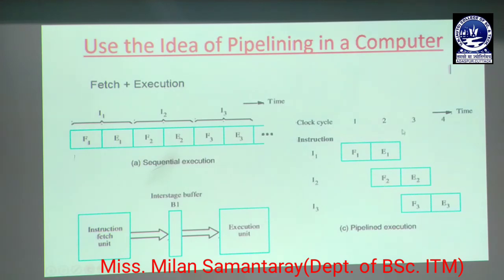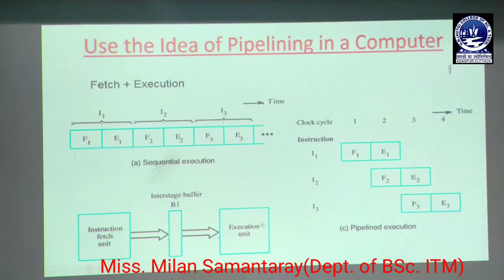Then in clock cycle 3, the execution of I1 is completed, so the execution unit is free now. The instruction 2 is in the buffer, so it will be loaded into the execution unit and executed in this third clock cycle.